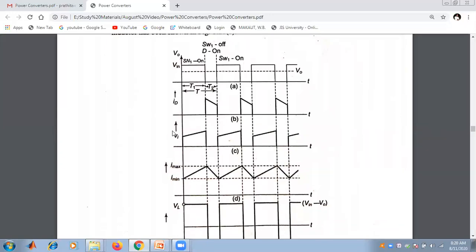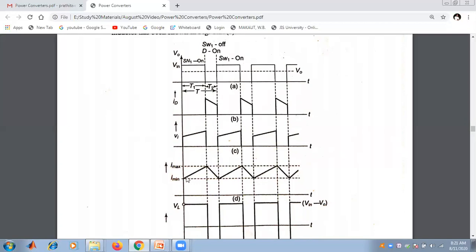The input current waveform will be the same as the input voltage waveform, because the input current is obtained only for the on time of the switch.